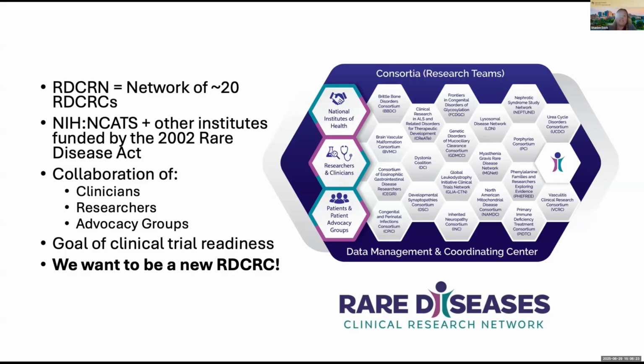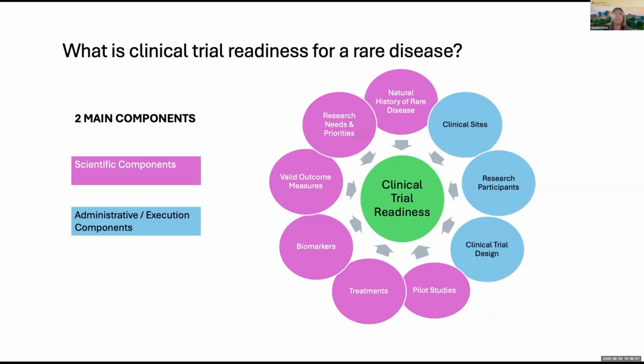Every 5 years, this funding source opens again for new rare disease research consortia, and we have submitted to be a part of this. Each of these consortia is a collaboration of clinicians, researchers, and other stakeholders invested in these rare disease conditions, with the goal of getting us to a place where these conditions can be what we call clinical trial ready. And we indeed want to be one of the new RDCRCs that will hopefully be funded this year.